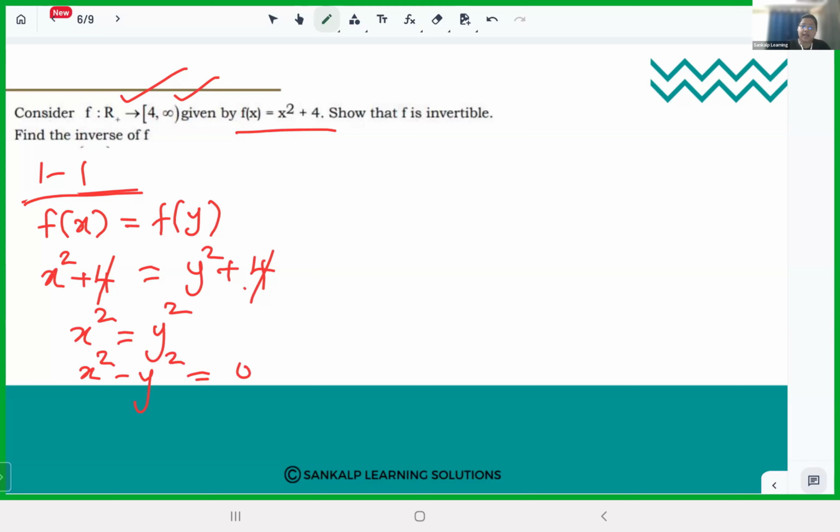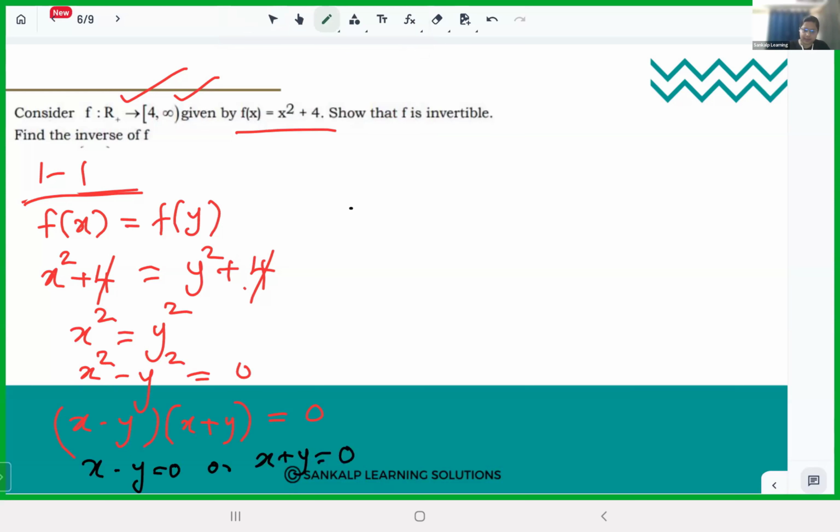This is in the form of a square minus b square, so we can write it as a plus b into a minus b. So x square minus y square can be written as x minus y into x plus y, that is equal to 0. If x minus y into x plus y equal to 0, either x minus y can be 0 or x plus y can be 0.